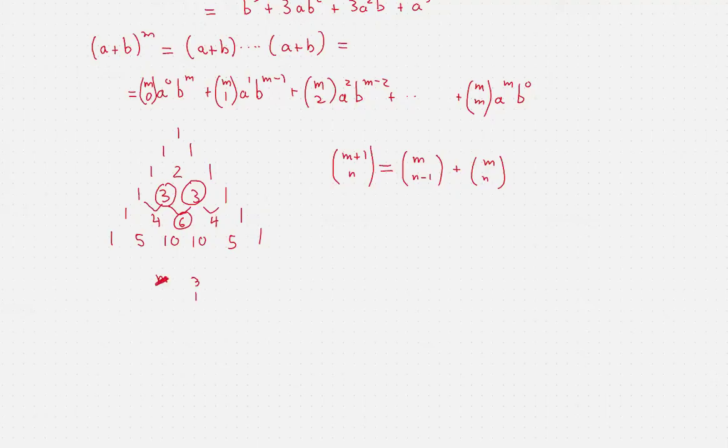And what you get is 4 choose 2. So you can easily see that that's exactly the formula on which the next row of the Pascal triangle is based. So if you begin with the correct first couple of rows, you will certainly get this way all the correct coefficients.